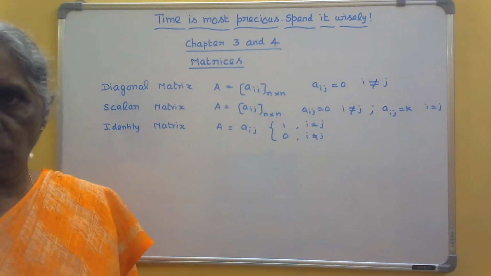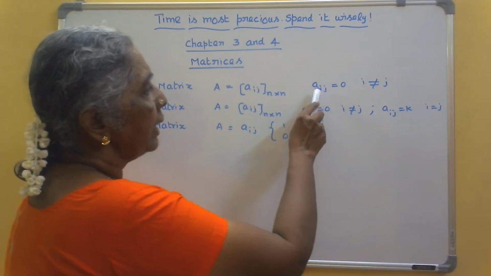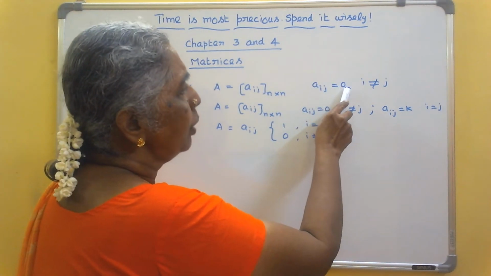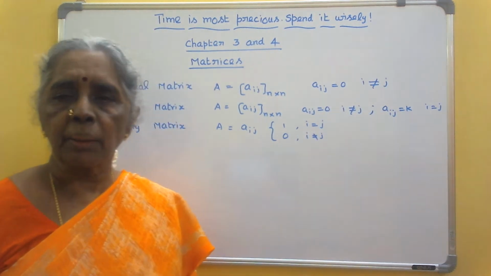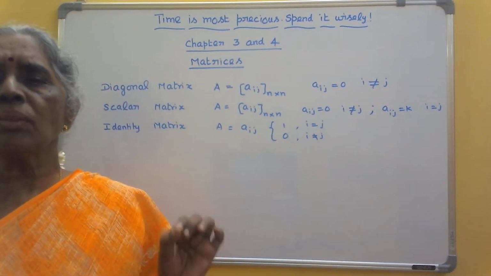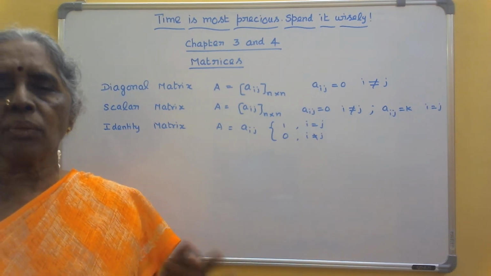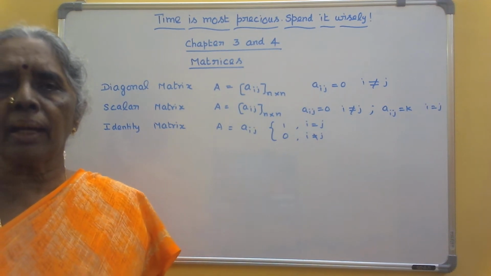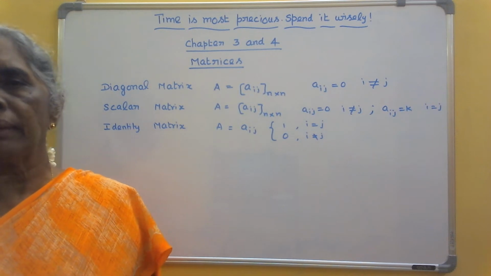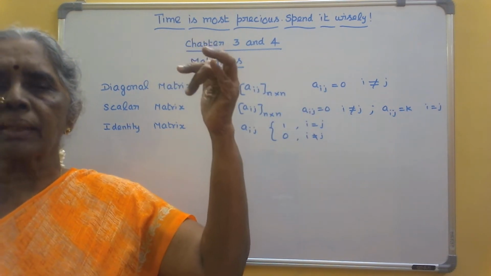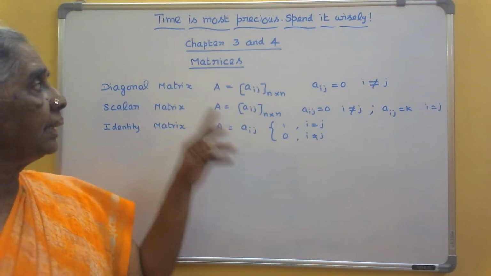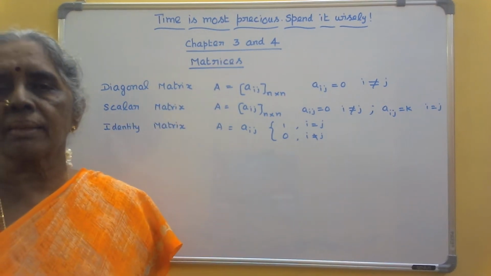That denotes a square matrix where a_ij is equal to 0 when i is not equal to j. That means all the elements other than the diagonal elements will be 0, and the diagonal elements can be any number. That is called a diagonal matrix.